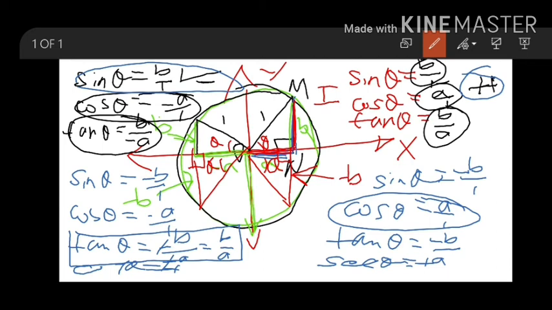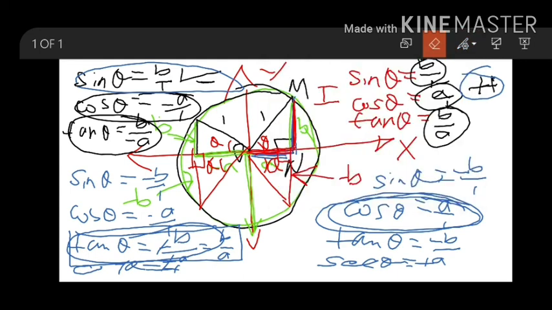In the third quadrant, tan theta and cot theta will remain positive and the rest of the trigonometric ratios will be negative. And in the fourth quadrant we got cos theta and sec theta, the inverse of cos theta. These two ratios will remain positive and the rest will be negative.